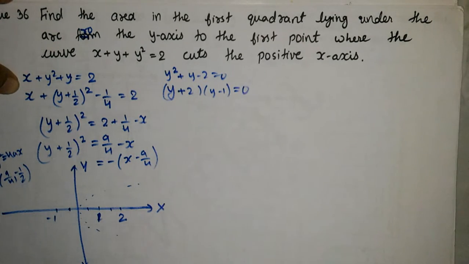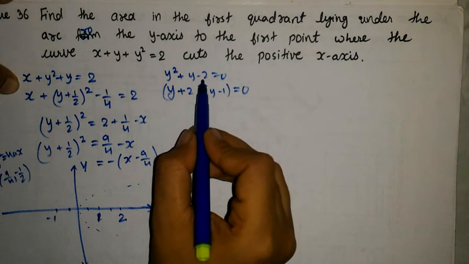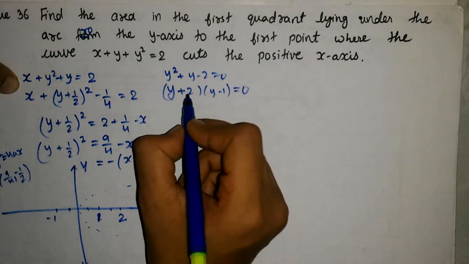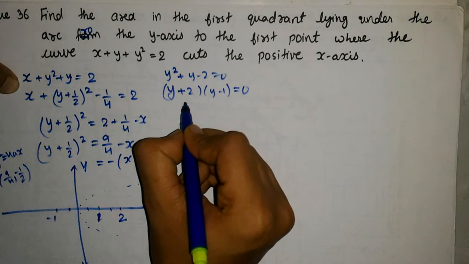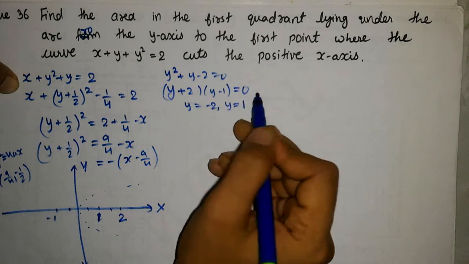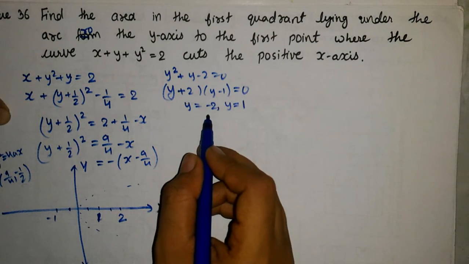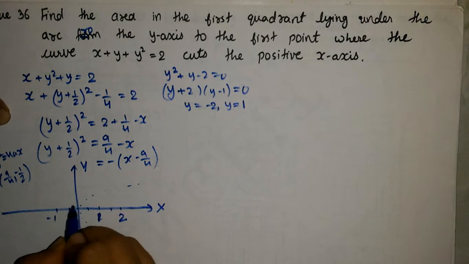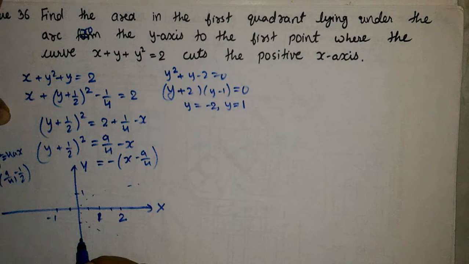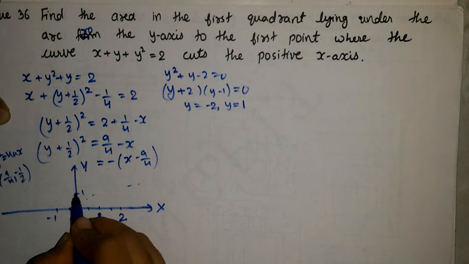You can do it by the wavy curve method, or directly see its factors are 2 and 1. So y is equal to minus 2 and y is equal to 1. So it will intersect at y is equal to 1 and y is equal to minus 2.